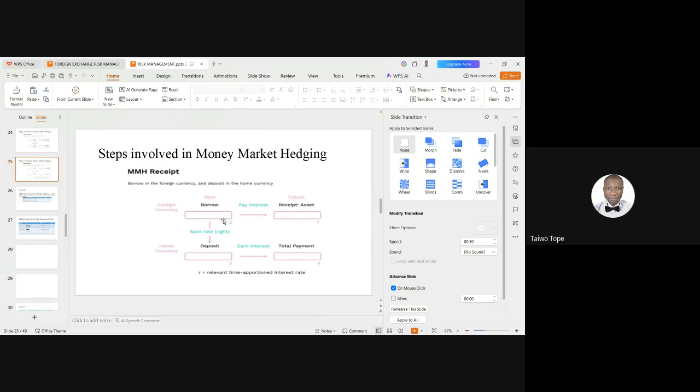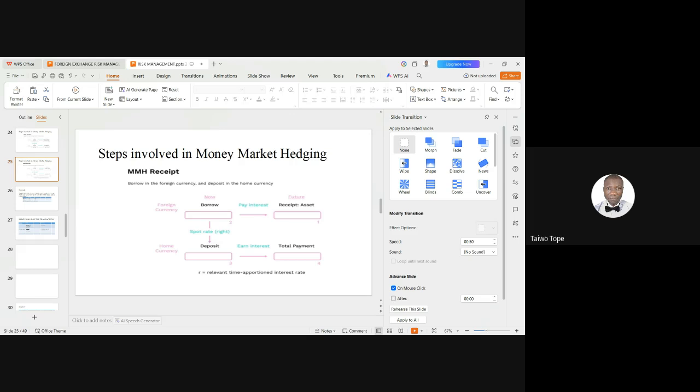So the amount you are borrowing now in the foreign currency, you need to make a deposit for it in your own home currency. You are expecting 8 million. So how much will you borrow now that will lead to 8 million in the foreign currency? And that is this box 2 here.